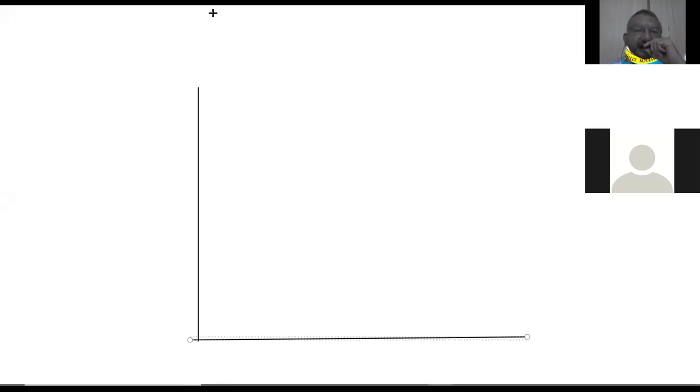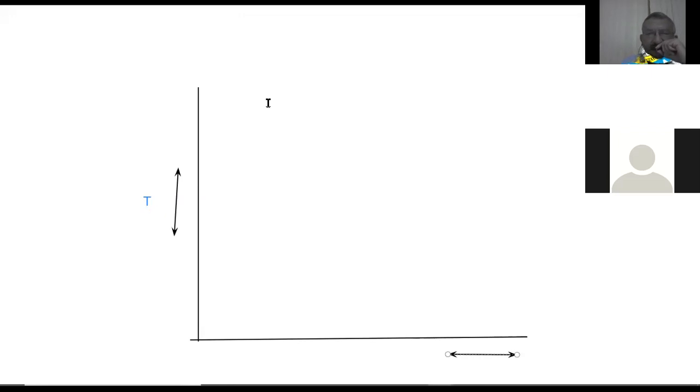So in this direction you have T, that is the torque, and in this direction you have theta.